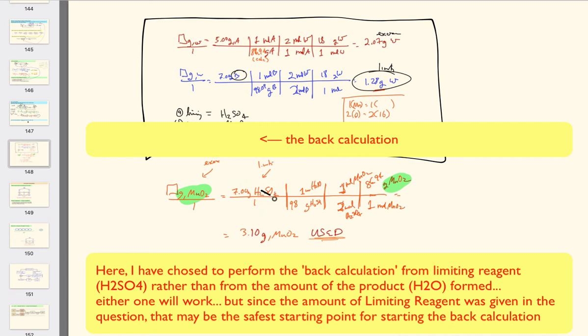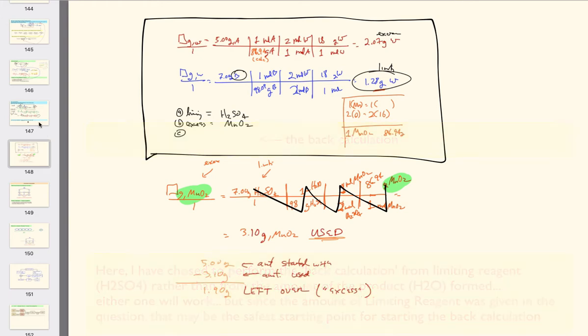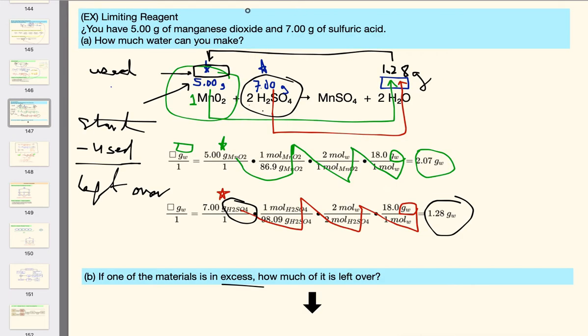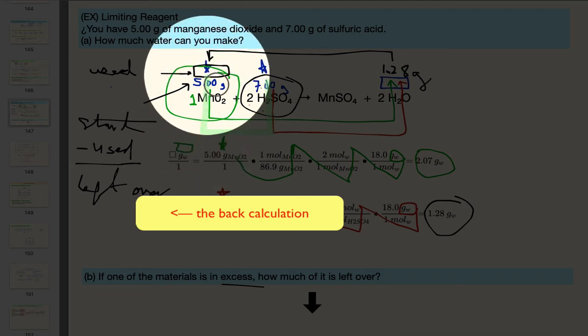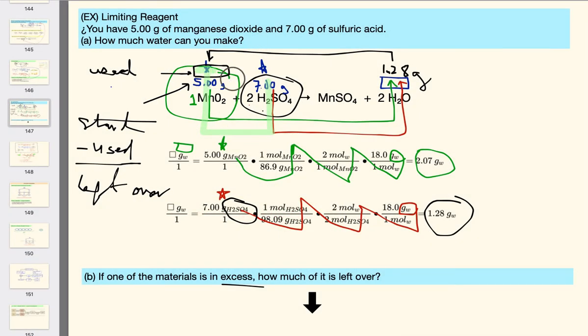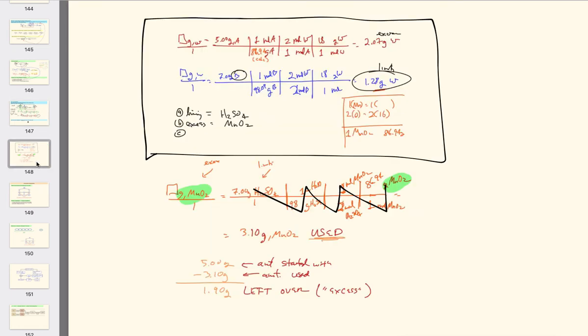With 7 grams, I go from grams of sulfuric acid to moles of sulfuric acid, and then from moles of sulfuric acid to moles of manganese dioxide, and from moles of manganese dioxide to grams of manganese dioxide. So let me show you over here what we did. From grams of this to moles of this, from moles of this to moles of that, from moles of that to grams of that to get in that box. Same thing you're supposed to know how to do, and we've done 100 times now.